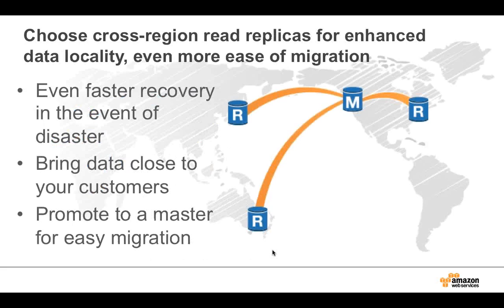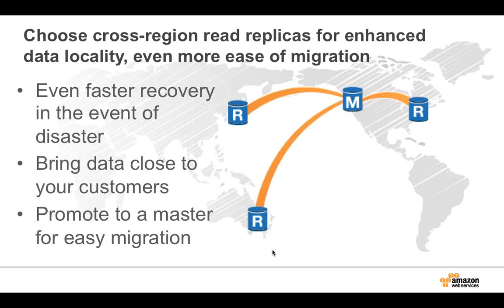Now you can even take cross-region snapshot copies one step farther. Amazon RDS for MySQL supports cross-region read replicas. This allows you to bring your live data even closer to customers around the world and to have even faster recovery in the event of a regional service disruption.